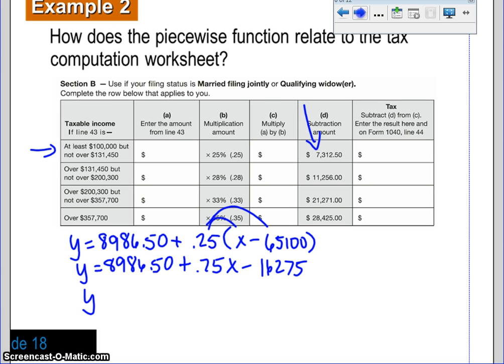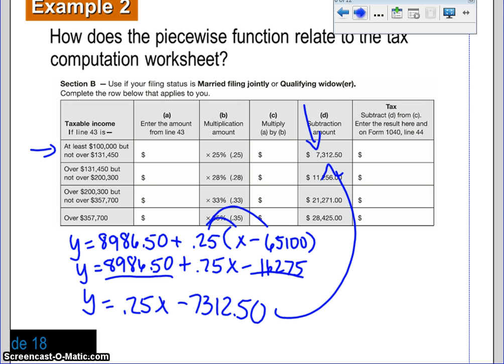Next, I combine my like terms, and guess what? I end up with y equals 0.25x minus 7,312.50. So it's simply taking that equation, doing our distributive property, and then getting the actual equation into slope-intercept form, or y equals mx plus b.